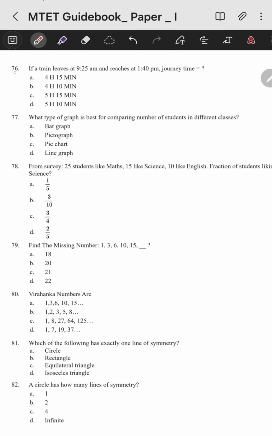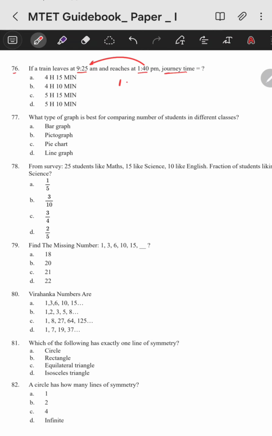Next, question number 76, they ask here, if a train leaves at 9:25 a.m. and reaches at 1:40 p.m., what is the journey time? We have to find out. So just subtract this value from here, we will get the journey time.